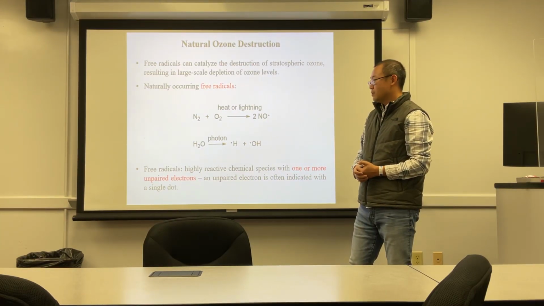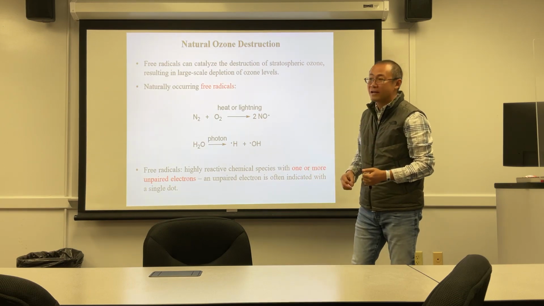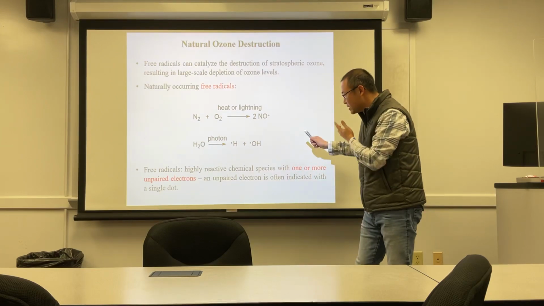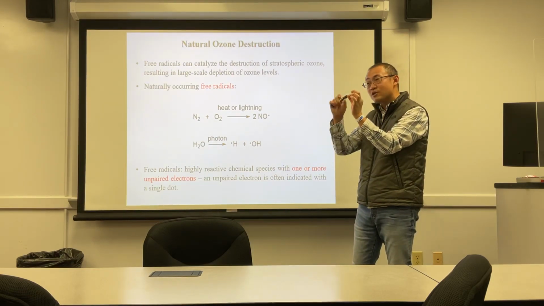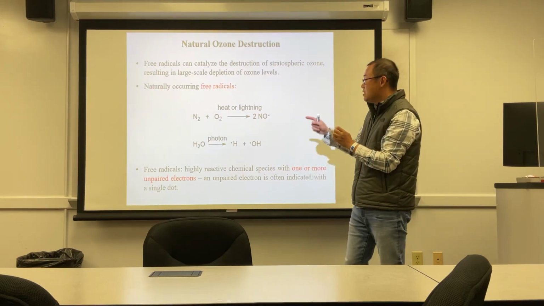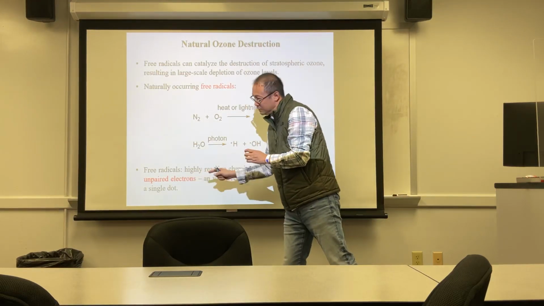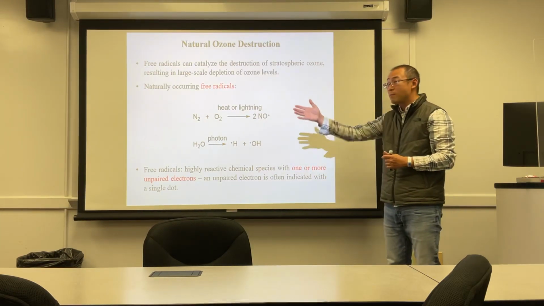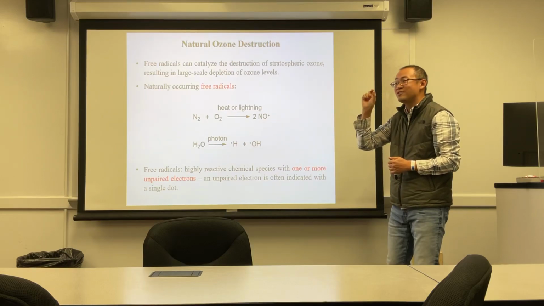And that's why we call them free radicals. What's unique about these free radicals is because of the single electrons. Think about electrons, they always want to be paired. Because of those single electrons, those free radicals are highly reactive. Reactive means they want to bond with something, because the electrons are desperate to get paired.